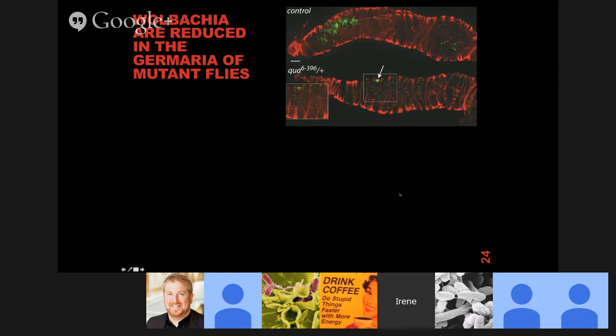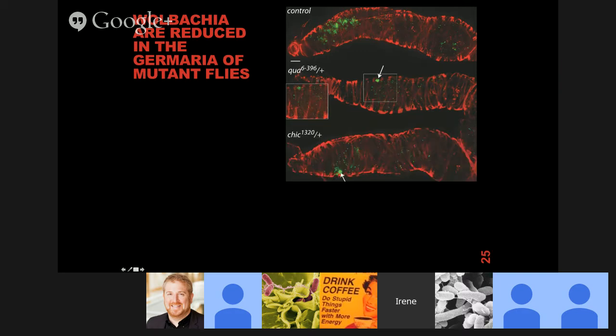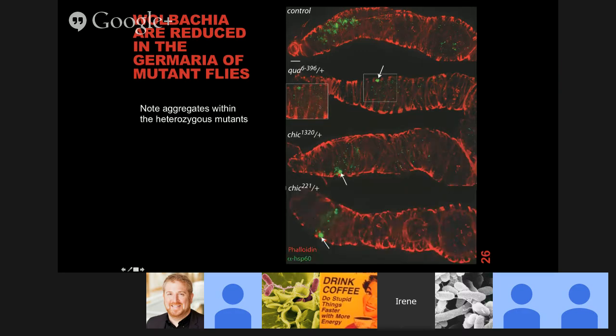And I'm going to show you some comparisons here with our first-generation mutant flies so you can see what the phenotype was. In our quail mutants and in our 2 chickadee mutants, we saw these very distinct Wolbachia aggregates in this tissue, as opposed to the more diffuse labeling of Wolbachia within this region.